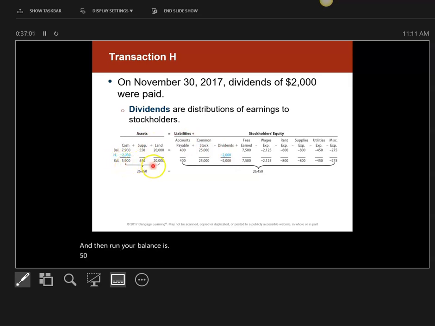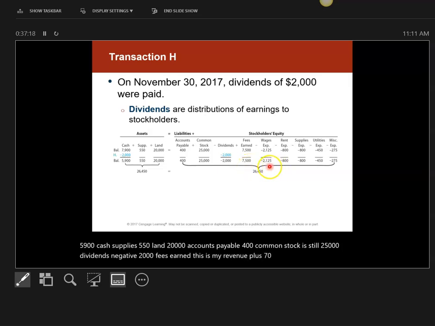$5,900 cash, supplies $550, land $20,000, accounts payable $400, common stock is still $25,000, dividends negative $2,000, fees earned, this is my revenue, plus $7,500, negative $2,125 for wages, negative $800 for rent, negative $800 for supplies, negative $450 for utilities, and finally negative $275 for miscellaneous.